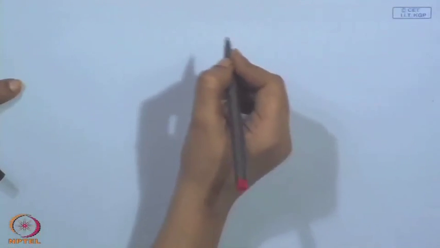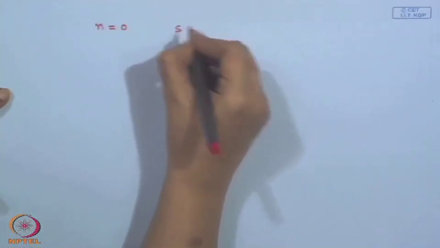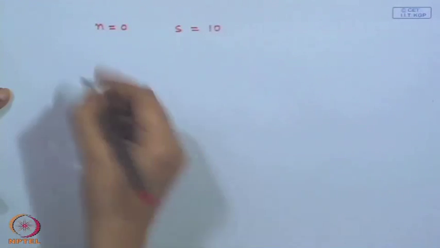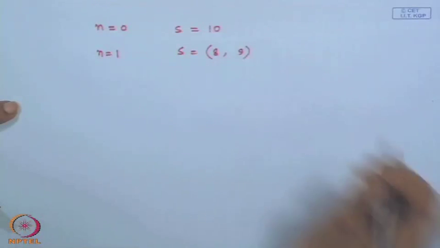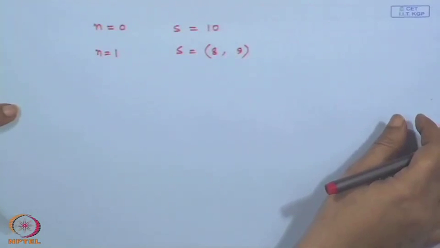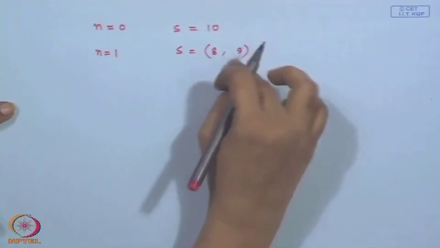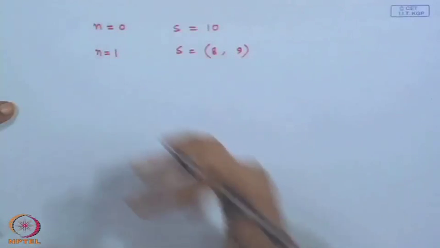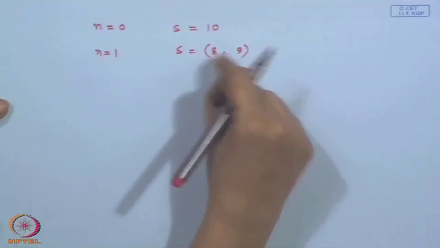Once we are in stage 0, that means we are at vertex 10. Here let me put n equal to 0 and the state variable s equal to 10. When n is equal to 1, the state variable could be either 8 or 9 as we have seen, and let us see the corresponding objective functional value at different alternatives, because we are moving in a discrete decision space. Here we have only 2 alternatives, either 8 or 9, that is why we can take a decision here.